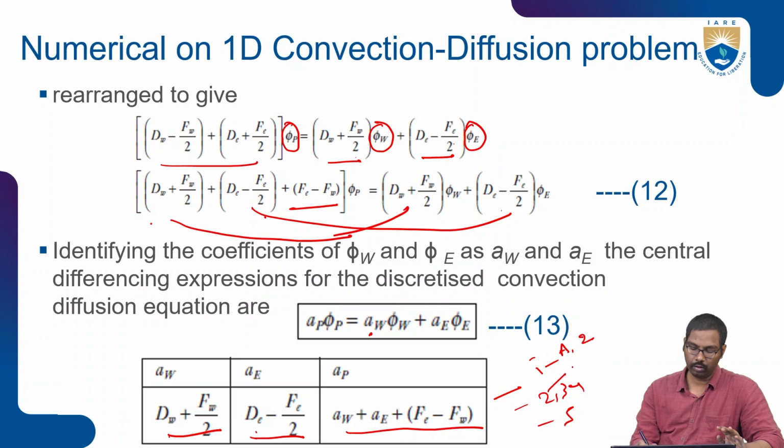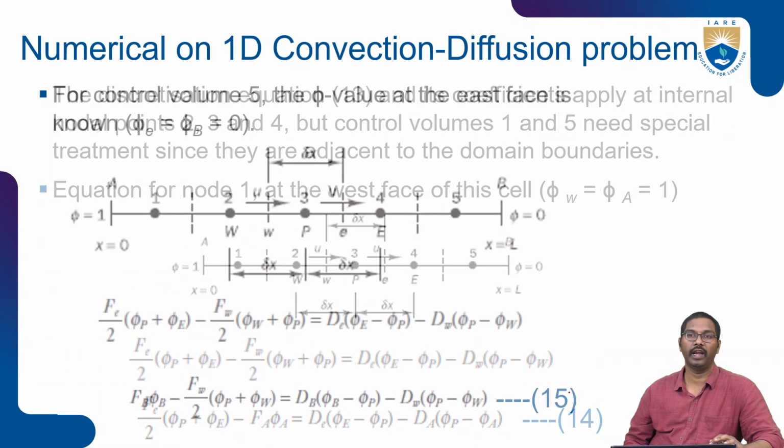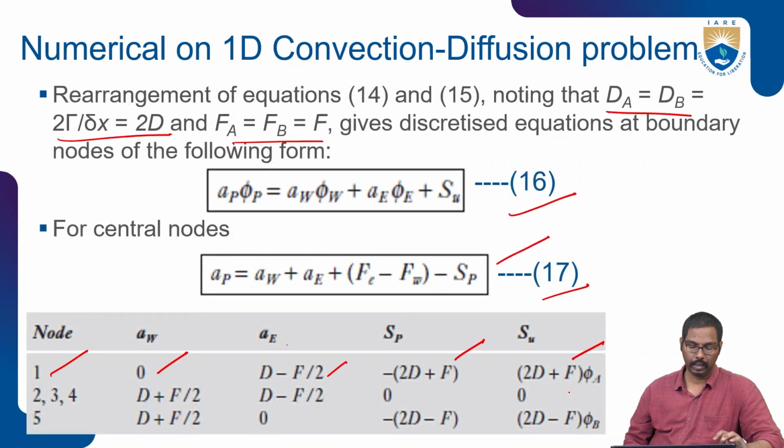For the second node the west element is 1 and the east element is 3. Like that, for each node you have to identify the west and east elements, and based upon that calculate the aW and aE values.